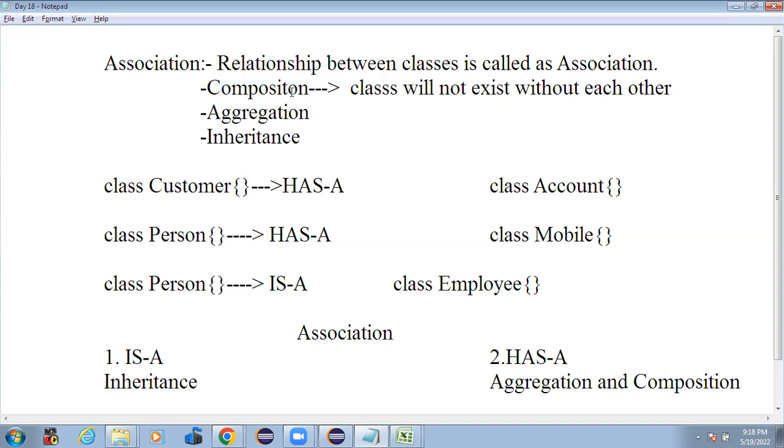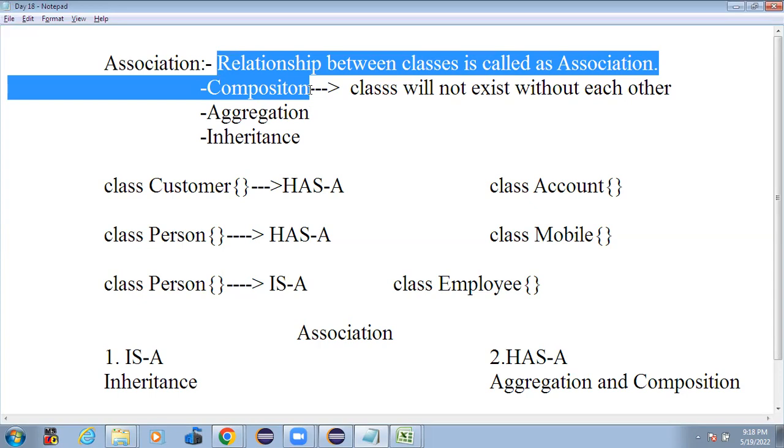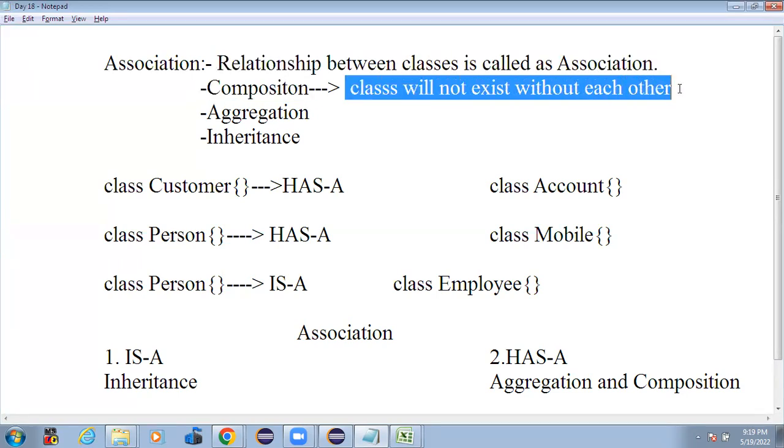So composition is nothing but association. That means there will be classes in relationship with each other. But what exactly is composition? The classes which are in a relationship can't exist without each other. If such a kind of relationship is there, we call it the composition kind of relationship.